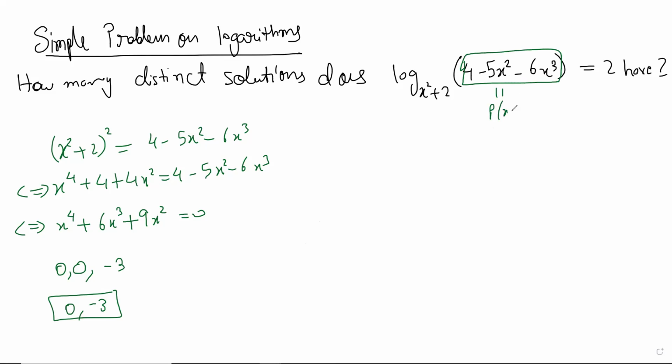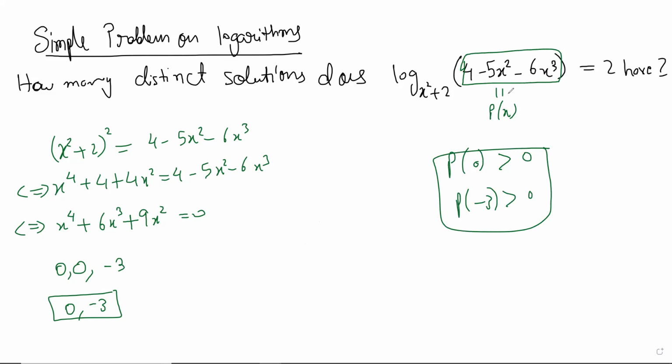If this is a polynomial p of x, then we need to check whether p of 0 is positive and p of -3 is positive. If it is negative, then there is a problem. Otherwise all the steps are reversible, except that this should not be negative.